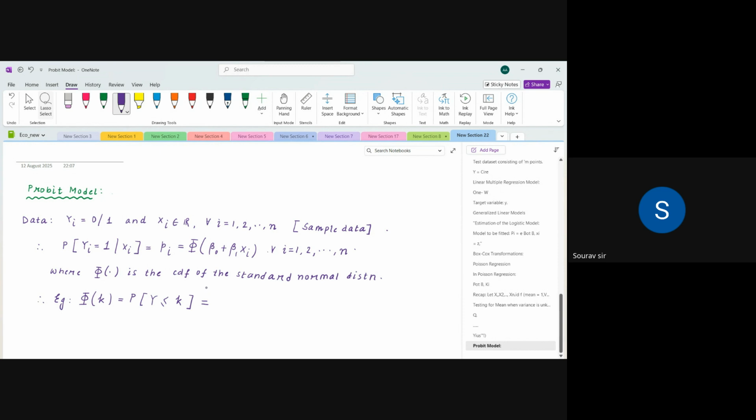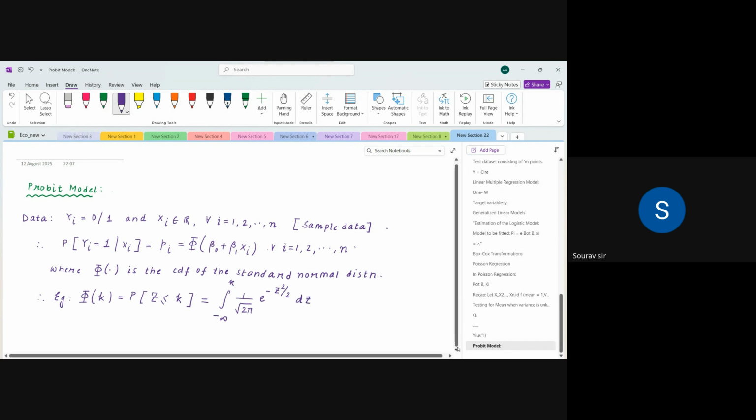That was by definition, for standard normal we use the notation Z. So that is integration from minus infinity to K of 1 by root over 2 pi e to the power minus of z square by 2 dz. Correct?